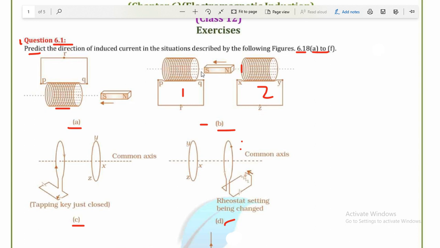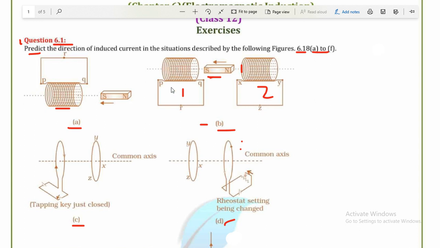So the right face of the first loop must behave like a south pole, and the left face of the second loop also behaves like a south pole to stop the motion of this magnet, and then there will be no induced current. So by using this law you can find out the direction of the induced current in loops 1 and 2.